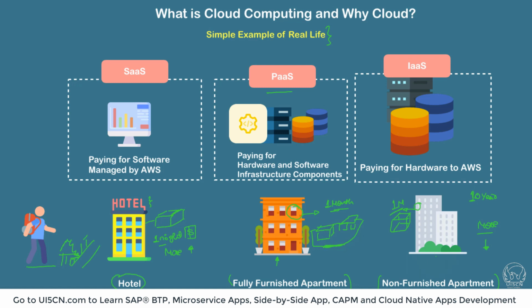And in the non-furnished apartment, we are just getting the basic infrastructure, and everything else is something which is managed or should be managed by us. And that is what infrastructure as a service is. And in this PaaS, we basically get this operating system layer, which manages the entire hardware resources and is able to get optimum performance out of that infrastructure.